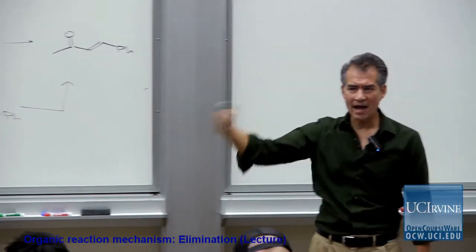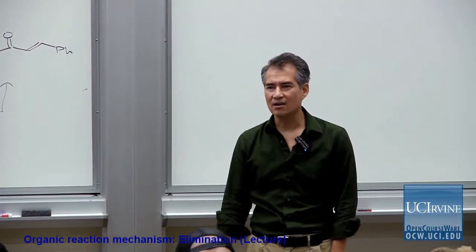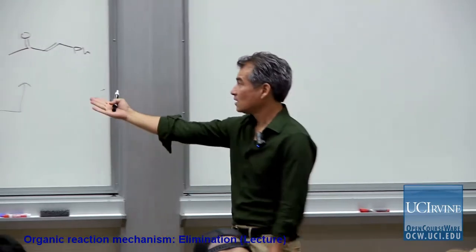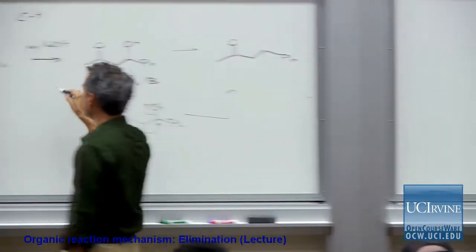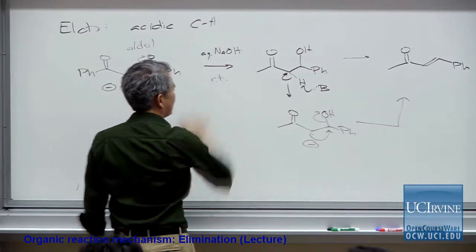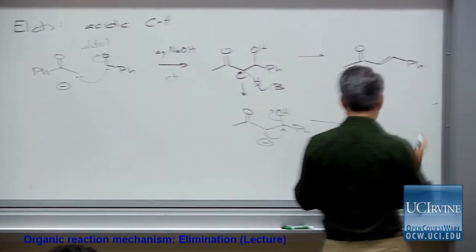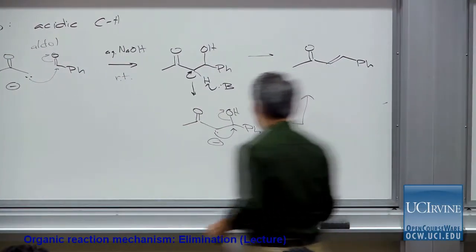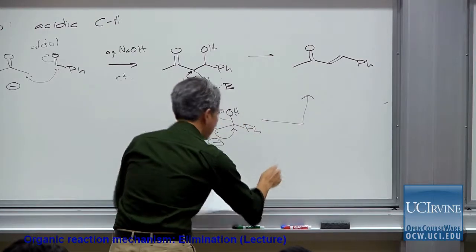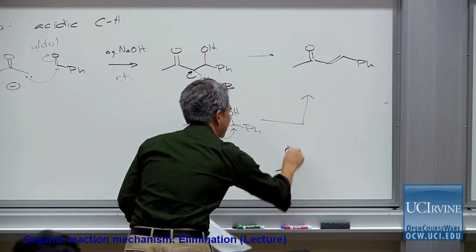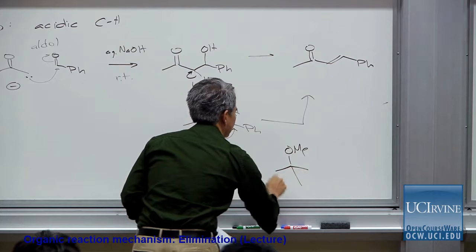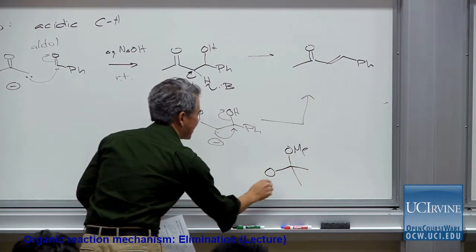If you somehow had some rule that hydroxides and alkoxides could not act as leaving groups, look at this. This reaction occurs at room temperature. So alkoxides are perfectly capable leaving groups. We'll see more of that later. So let me give you an example just to remind you that it's very common for alkoxides to act as leaving groups. You may have thought only halogens could act as leaving groups.